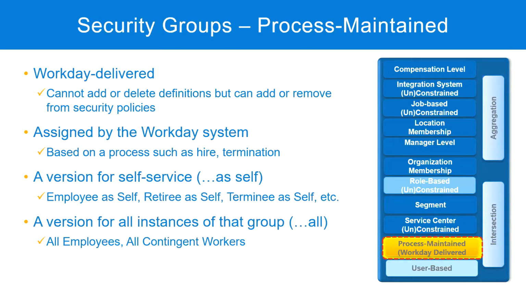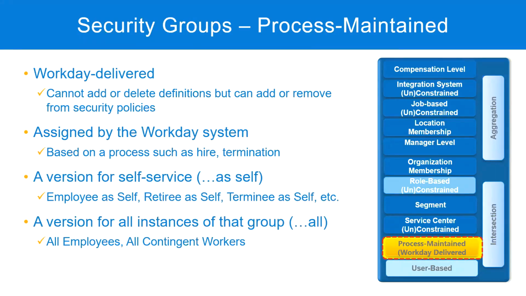Okay. So this was about domain security policy permissions. We talked about the domain security policies. And then we talked about the different kinds of security groups that we have in Workday, absolutely the most commonly used ones, like user-based security, role-based security.